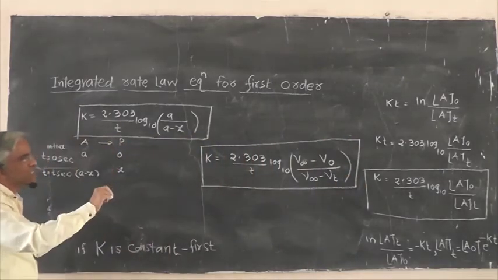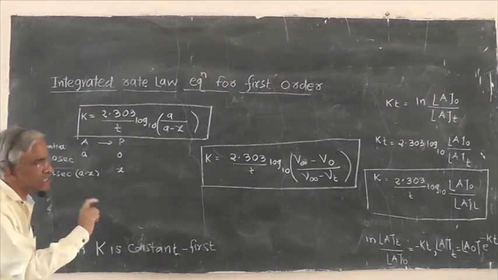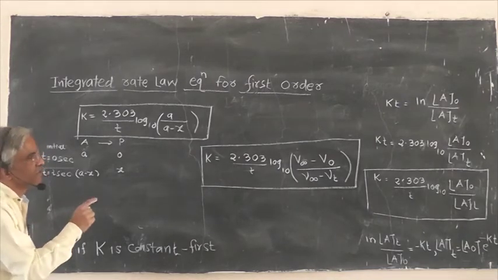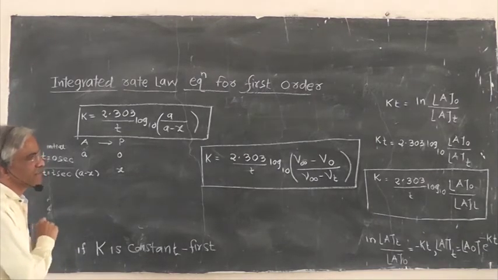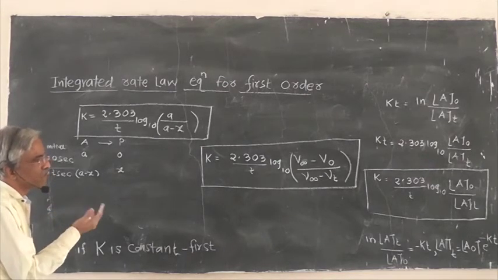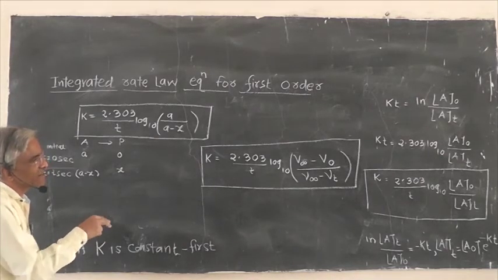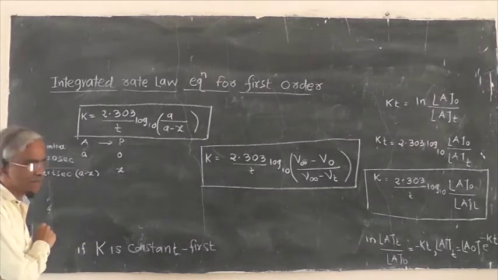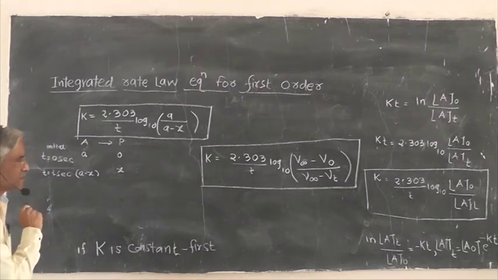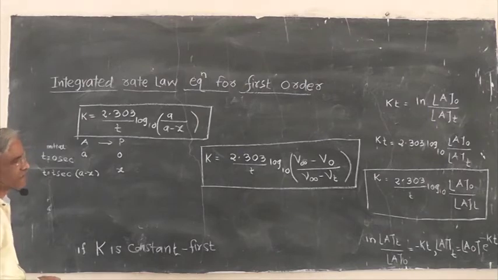If the reactions are continuing and experimentally taken by titration methods where we take the volume of the reactants, then V0 is the volume of the reactant at the start when time t equal to 0. Vt is the volume of that reactant at a time t when some of the reactant has converted into product, and V infinity is the volume when all the reactant has been completely reacted. So this is another form.